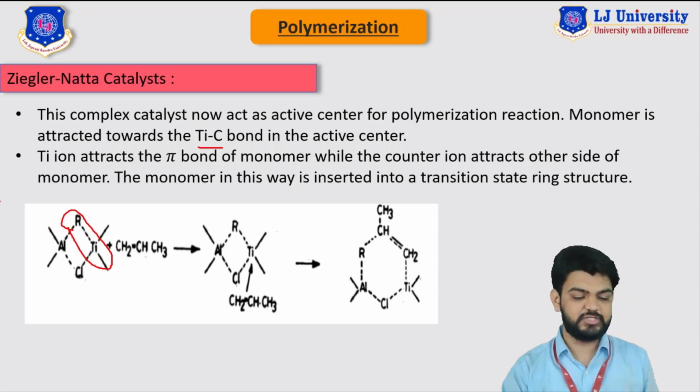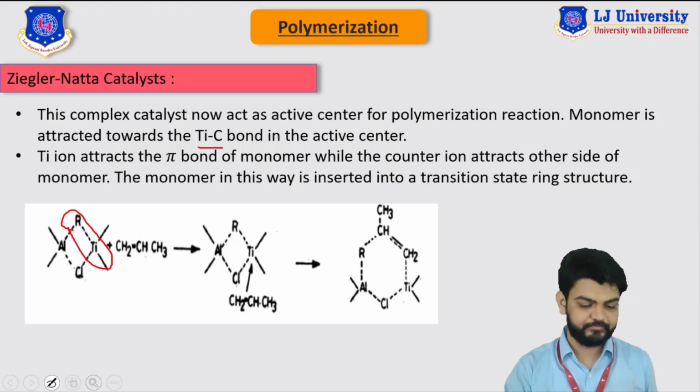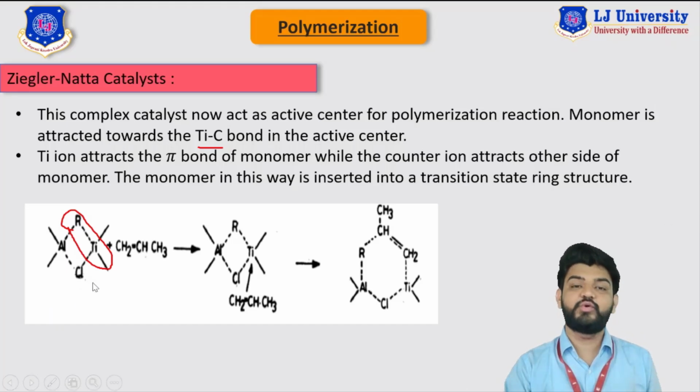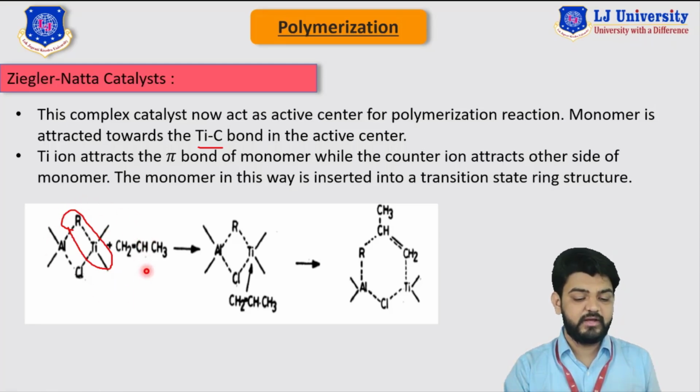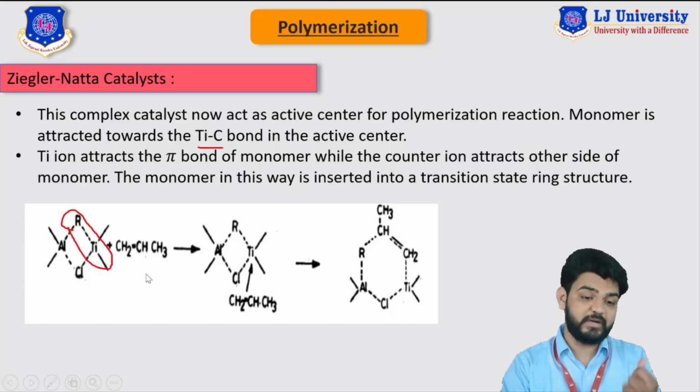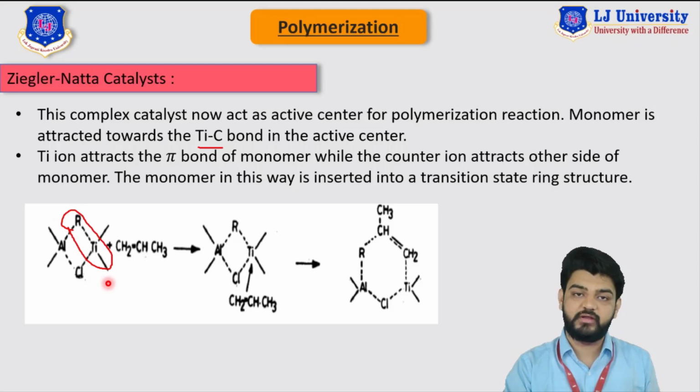You can see here that this particular bond is now attracted towards this monomer. So now this monomer will link with this titanium-carbon bond. How?